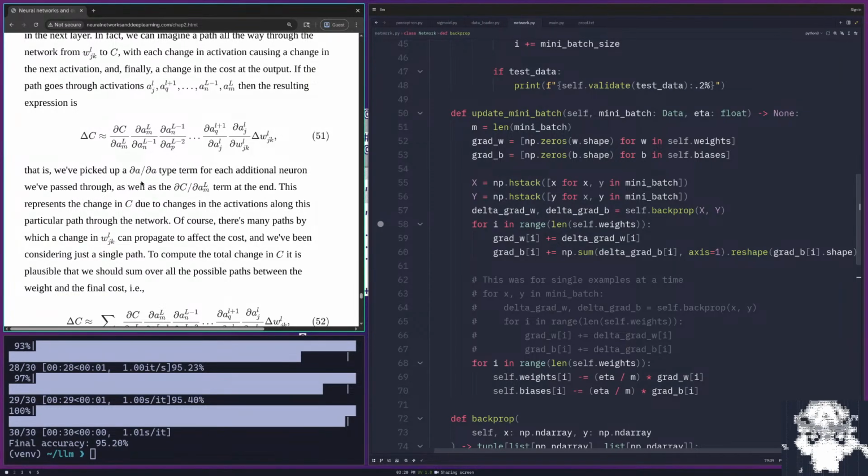That is, we've picked up a derivative of A with respect to A type term for each additional neuron we've passed through, as well as the derivative of C with respect to the final activation term at the end. This represents the change in C due to changes in the activations along this particular path through the network.